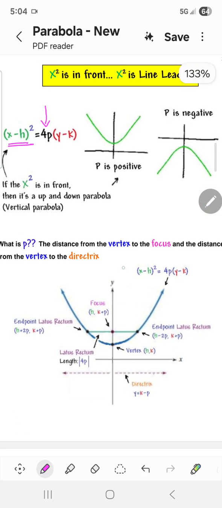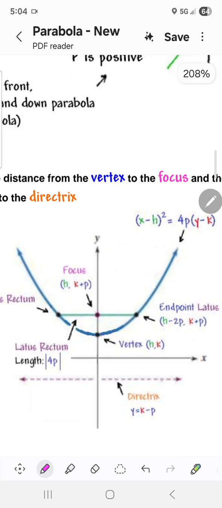We did talk about that, the vertex to the focus and the focus to the directrix to the vertex. That distance is p. That's always the same distance. We also need two other points in order to draw the parabola because we need to know how wide to go, right? Or how narrow to go. And those two endpoints are the endpoints of a line called the latus rectum. This is an interesting line.